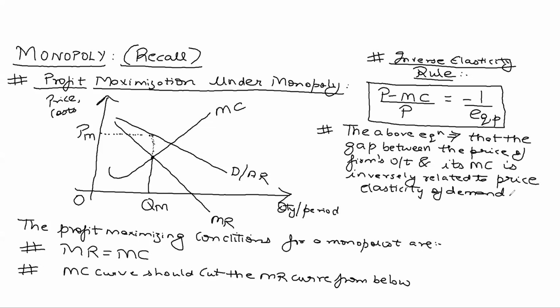So I can say that my relative markup, which is P minus MC divided by P, shares an inverse relationship with price elasticity of demand. Then we had also made some observations regarding this. If I write this equation once again, P minus MC by P is equal to minus 1 upon EQP.